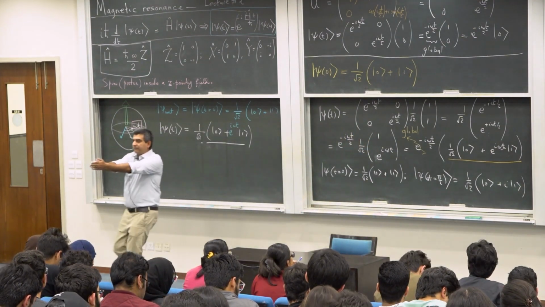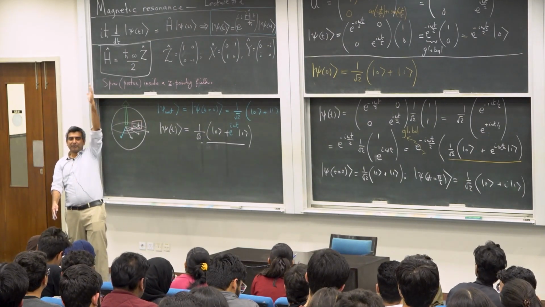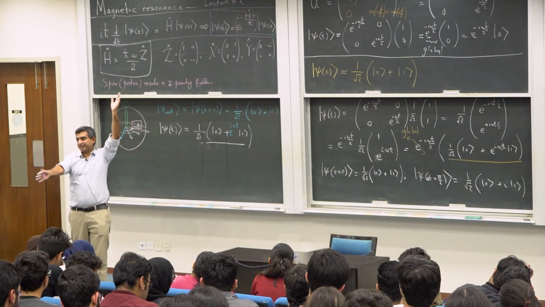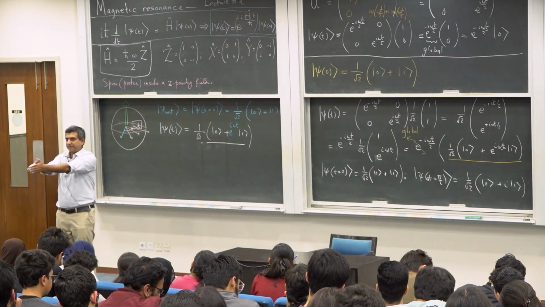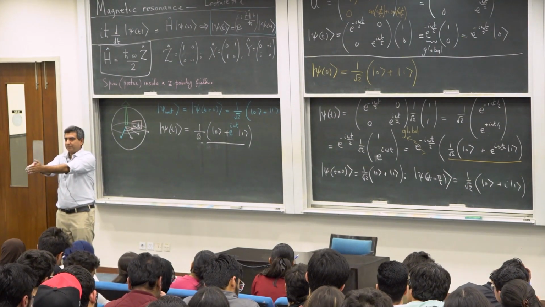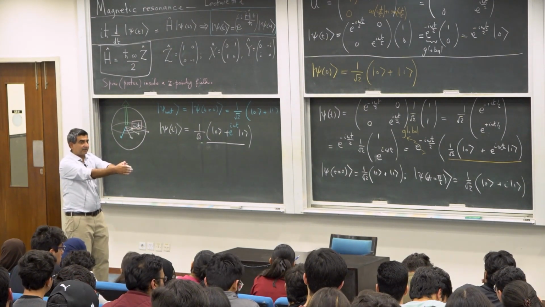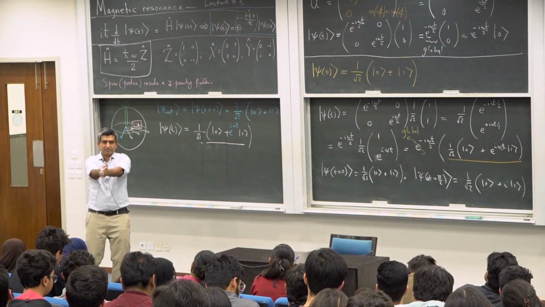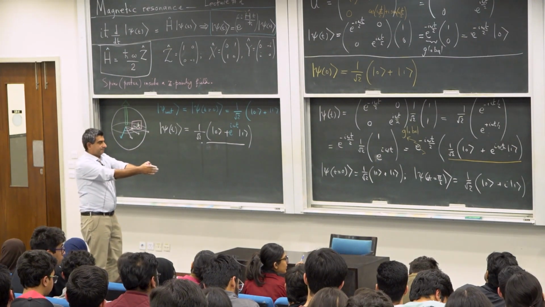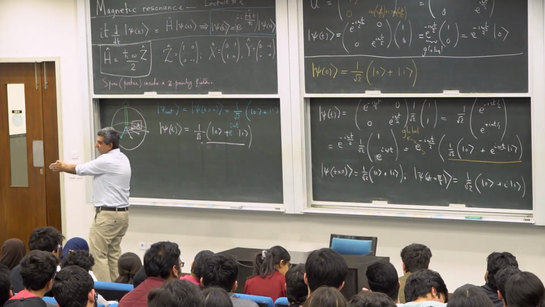So I start off like this, my quantum state is like this, my Hamiltonian is perpendicular to my initial state in a sense. I start off like this, ket 0 plus ket 1. With time, I go around in an equatorial plane under the action of that Hamiltonian. This is how my quantum state is changing in time. And it's going around with a frequency.